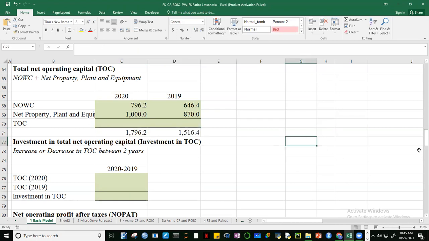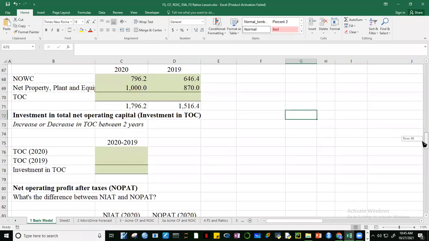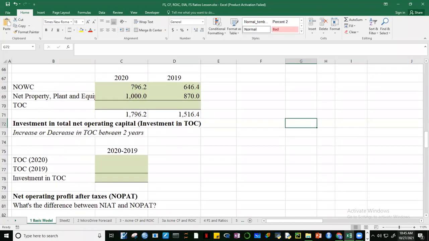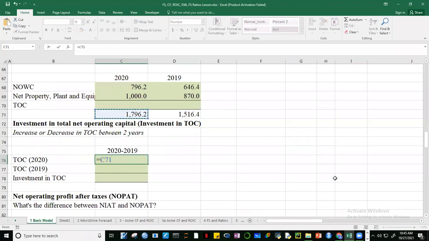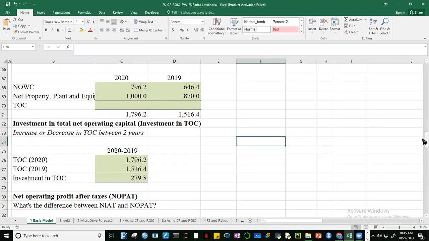For this last one, it's time, so let's just compute up to investment in TOC. The TOC in 2020 was 1796.2. The TOC in 2019 was this one. So the net investment in TOC is just the difference. So 280 million was additional investment in operating capital in 2020.